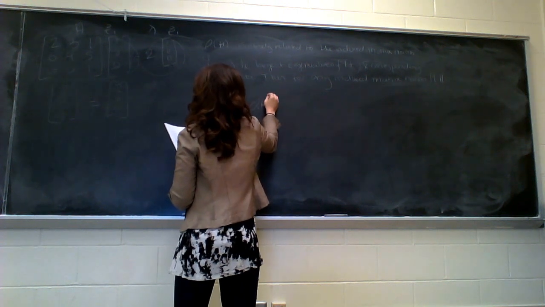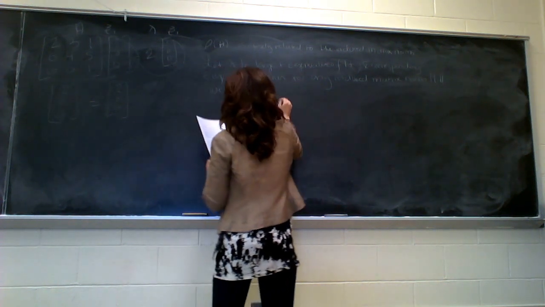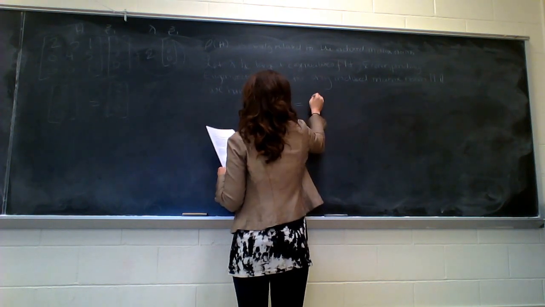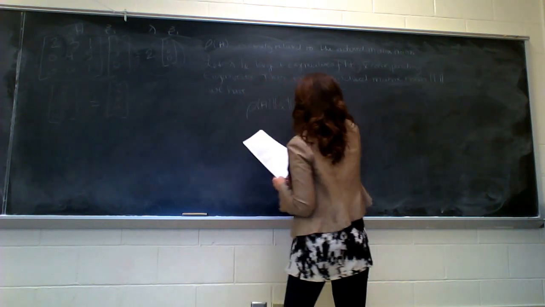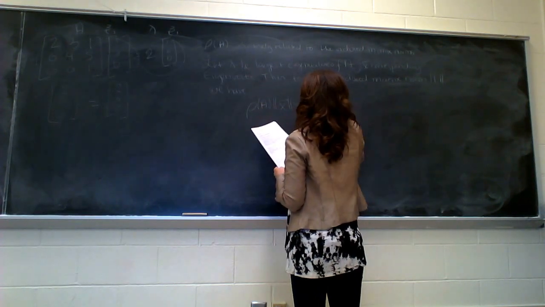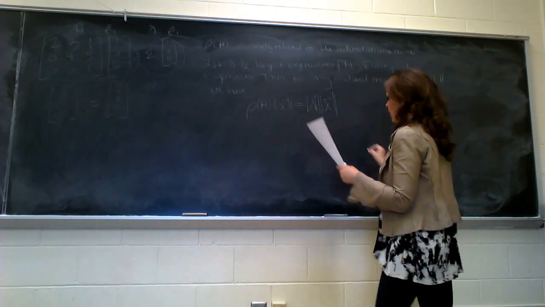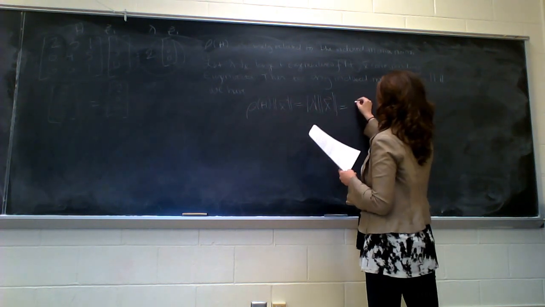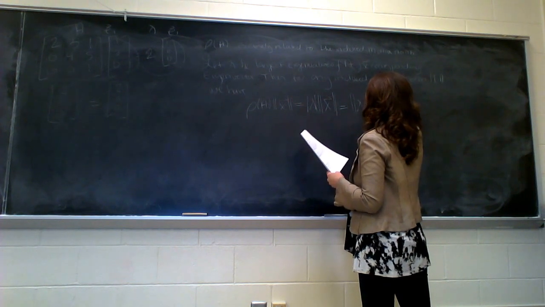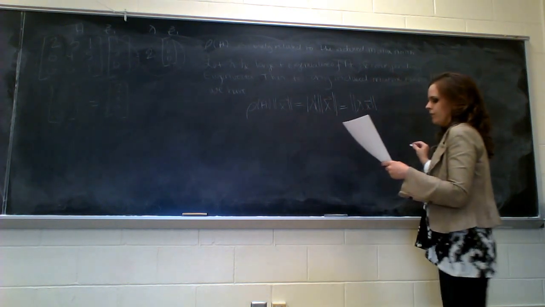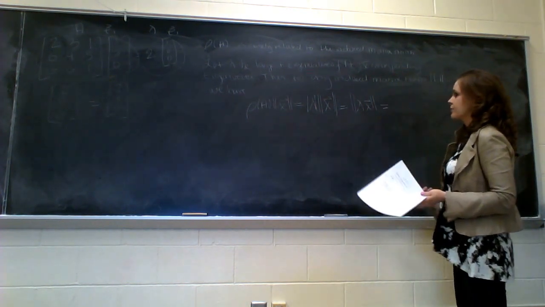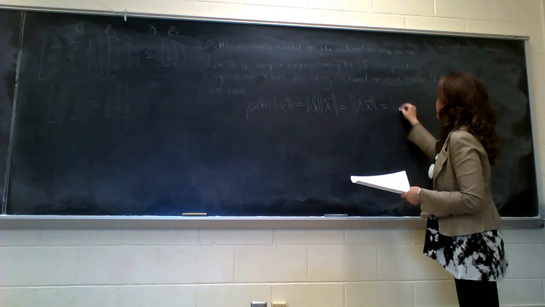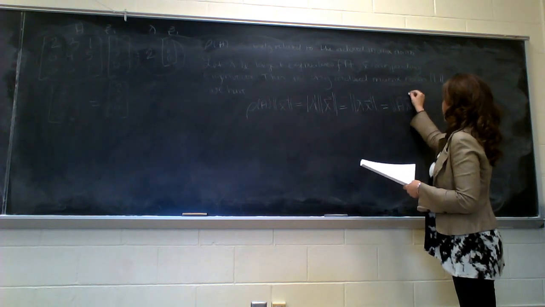We're going to say that rho of A times the norm of X is equal to the absolute value of lambda times the norm of X. By properties of norms, we can move the scalar inside the norm. And then by the definition of the eigenvalue, we know that A times X is equal to lambda times X. So we have A X.